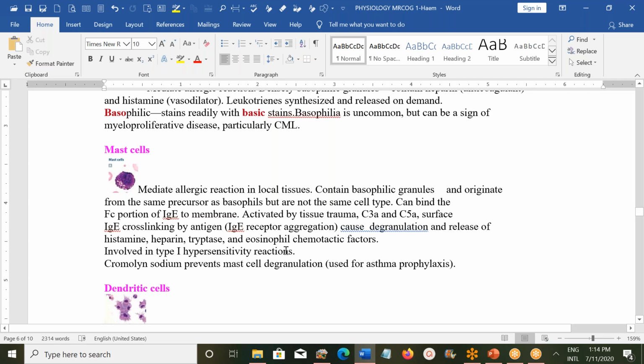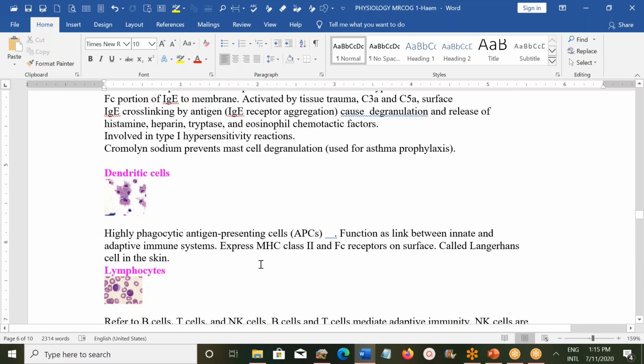They can ask you about the tryptase, like a mother has developed a severe anaphylactic reaction to some drug. How will you know that she has developed anaphylaxis? You will have to assess the level of the mast cell tryptase. You will do it at the same time, and then you will repeat at the time of reporting of this collapse in the mother, and then you will repeat it after 24 hours.